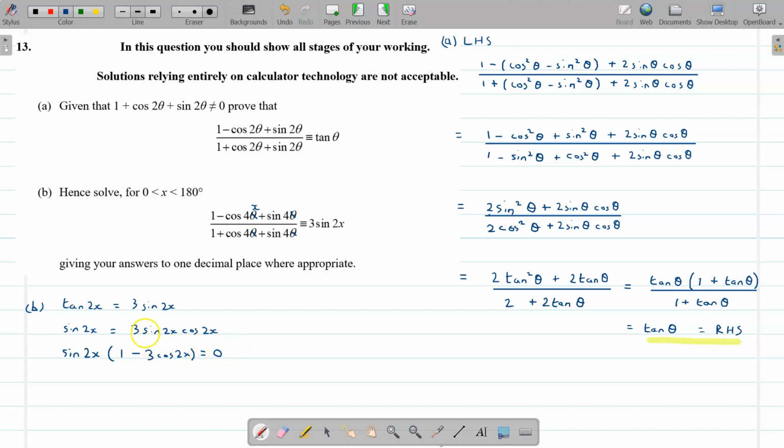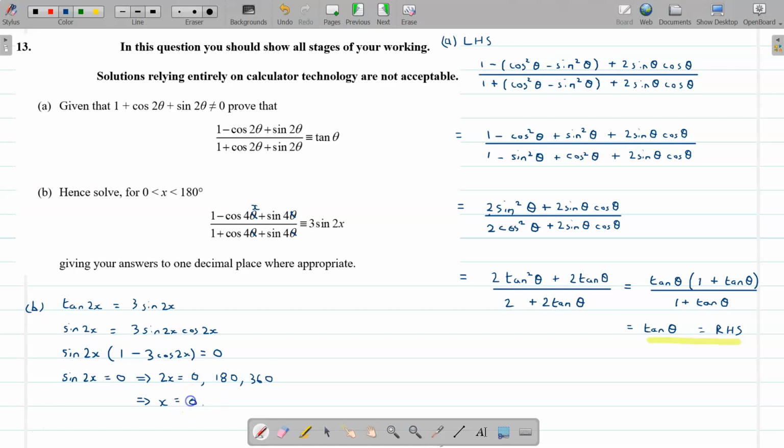So therefore, sine 2x equals 0, which implies that 2x equals 0, 180, and 360.